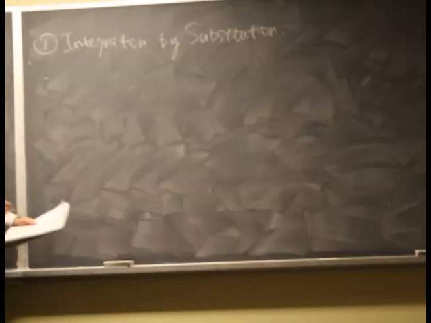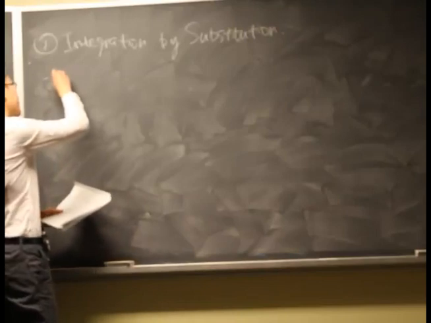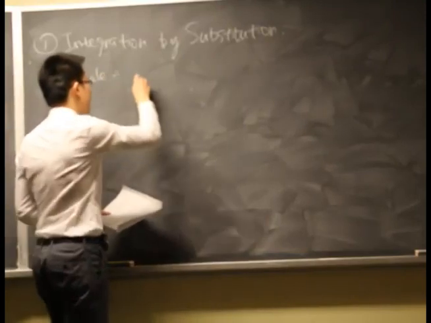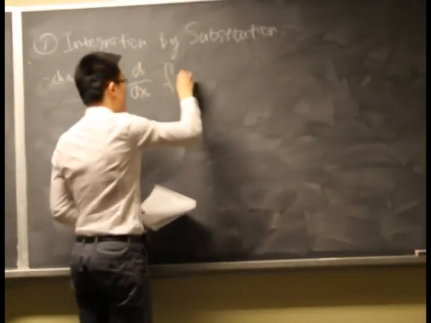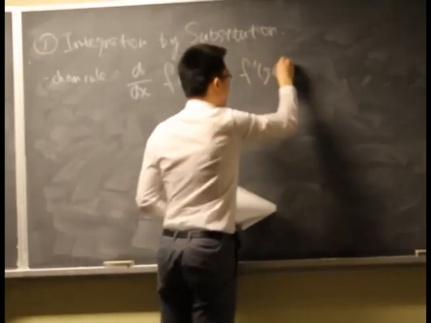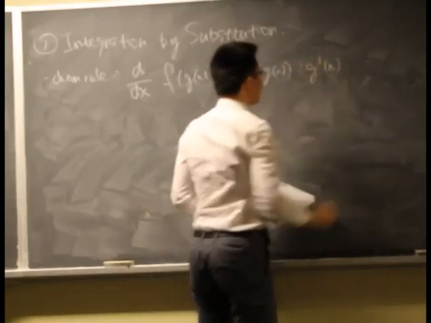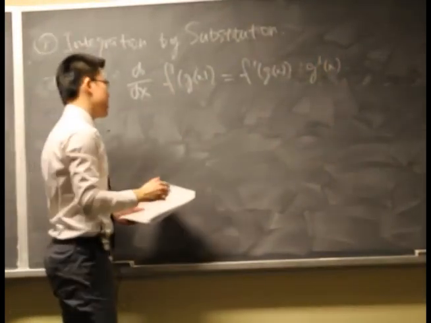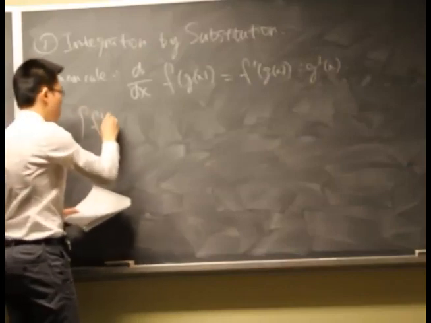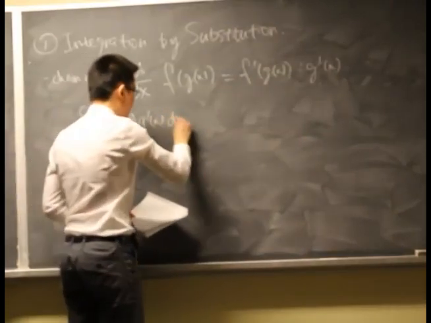So recall that when you took Math 137 or high school calculus courses, the chain rule of differentiation is that d over dx of f of g of x is equivalent to f prime of g of x multiplied by g prime of x. And integration by substitution is the exact reverse of that. So now let's try to integrate f prime of g of x times g prime of x dx.